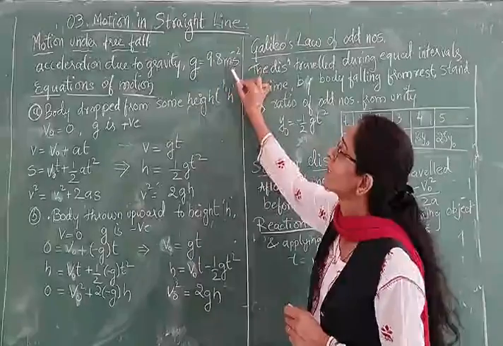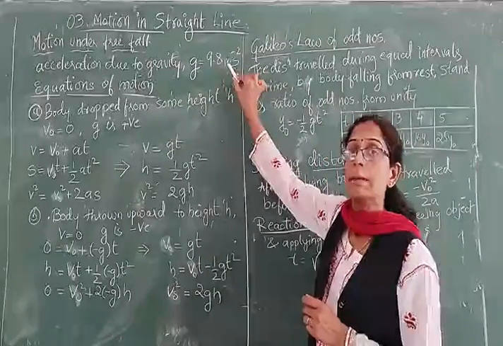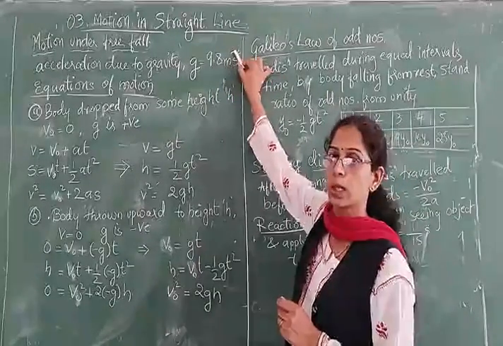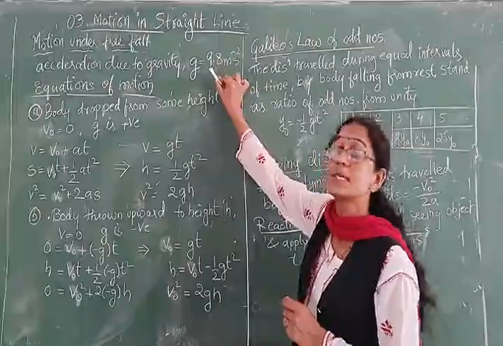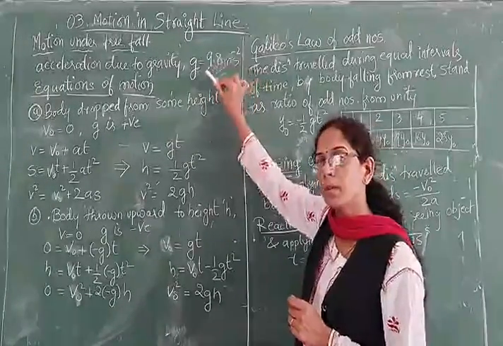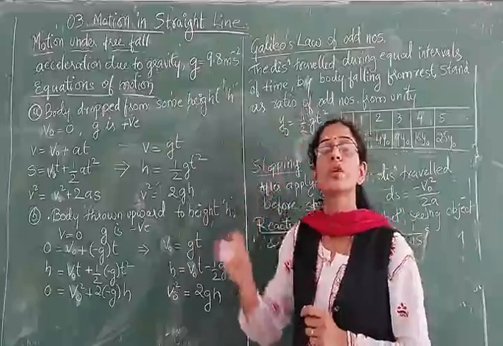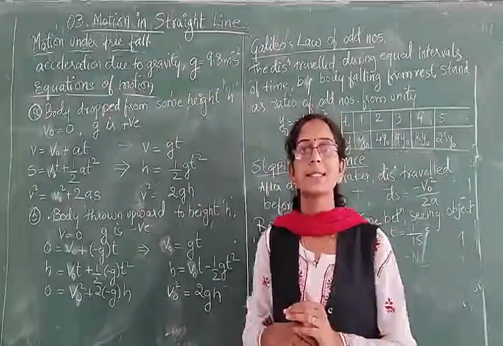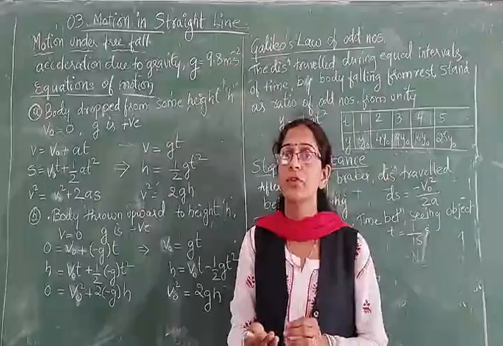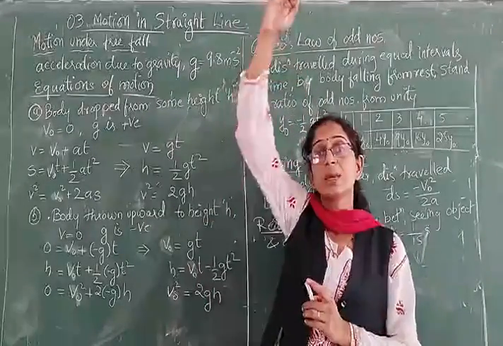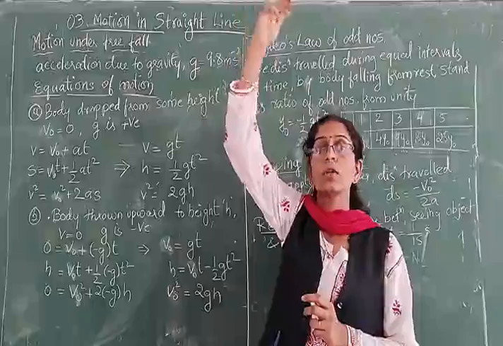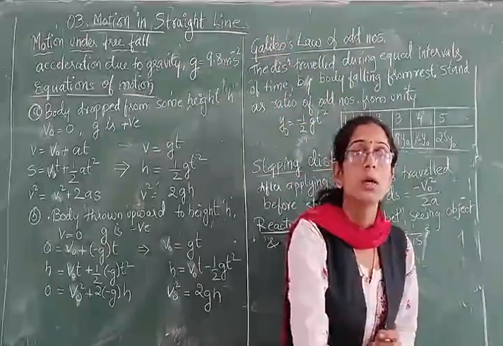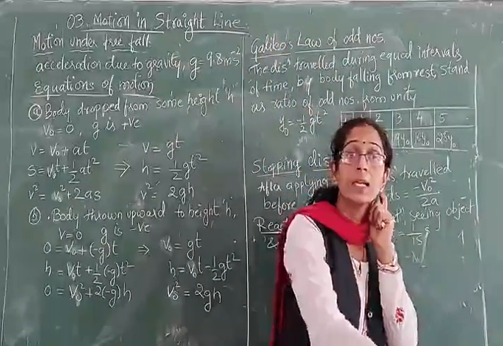Since it is acceleration, it has the unit meter per second square and its magnitude is how much? It is 9.8. And remember, the value for acceleration due to gravity is not constant at 9.8 as it has been given. Its value may differ when you go very high above the surface of the earth or go below the earth's surface at very high depths.